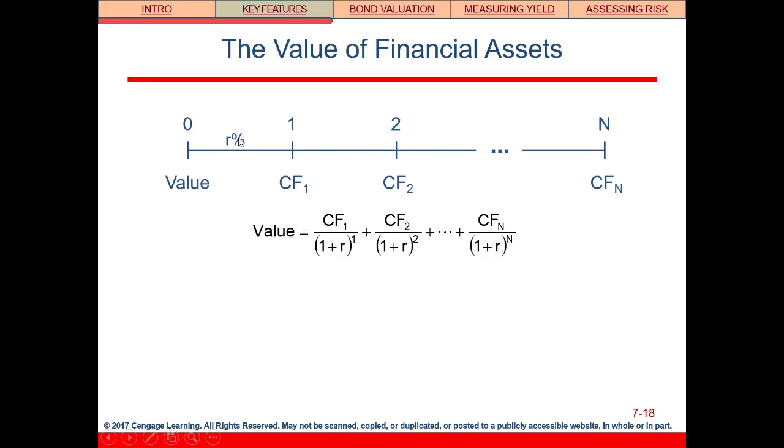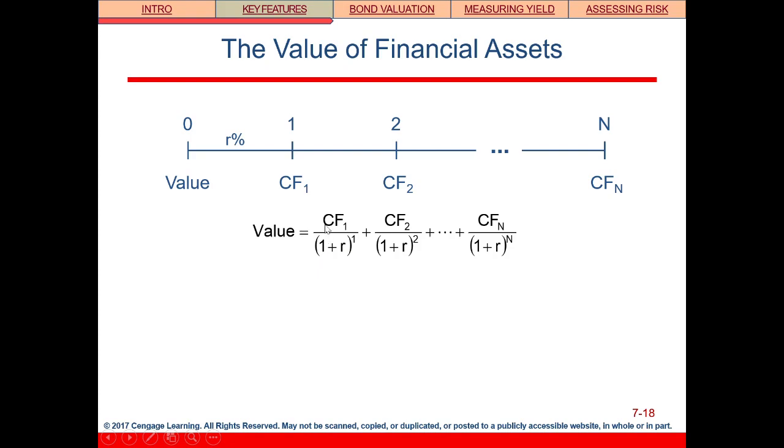And if the required rate of return is R%, then you receive all these cash flows, from cash flow 1 to cash flow N, at the end of each period. And the bond will last for N periods. So that's the number of periods to maturity.